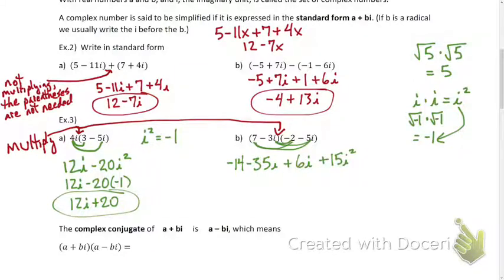If I were you, I would write as many steps as you can because people mess up on the signs all the time. I'm going to have a lot of steps here. So we go negative 14. I can combine these two into negative 29i.